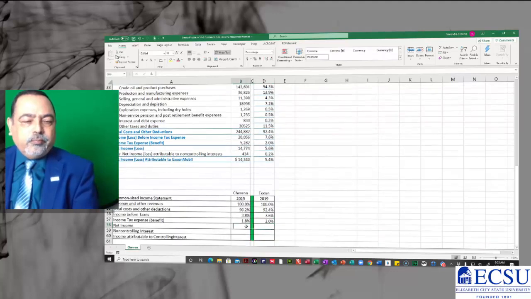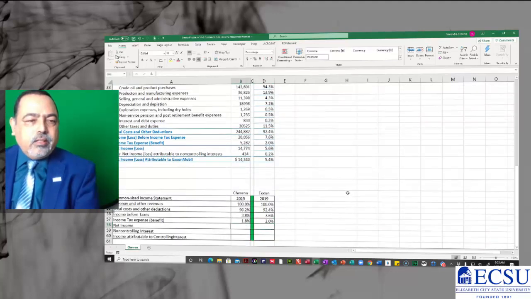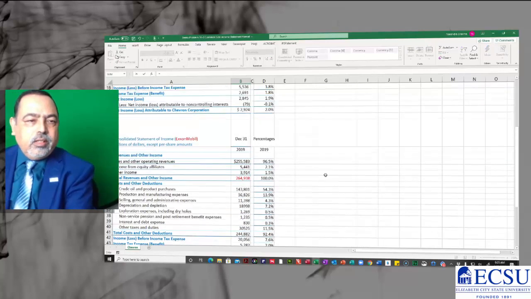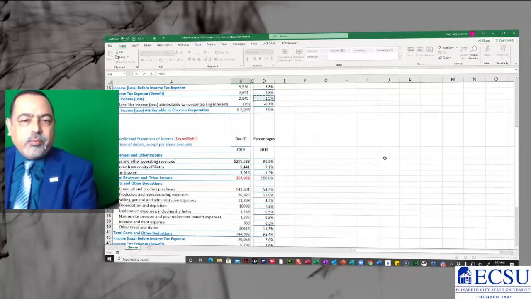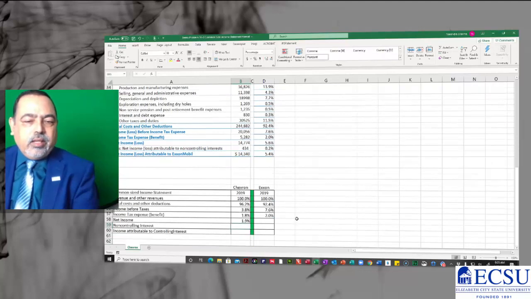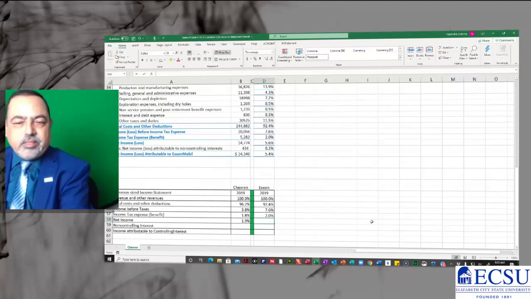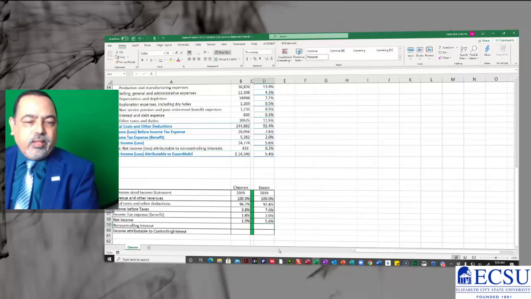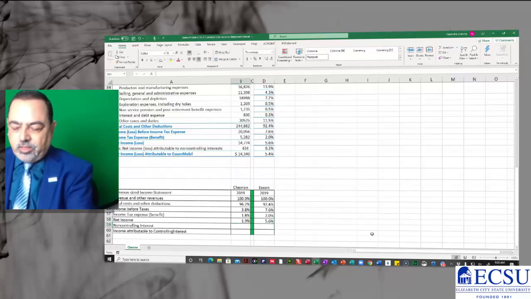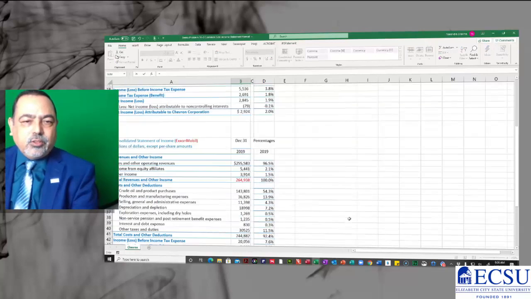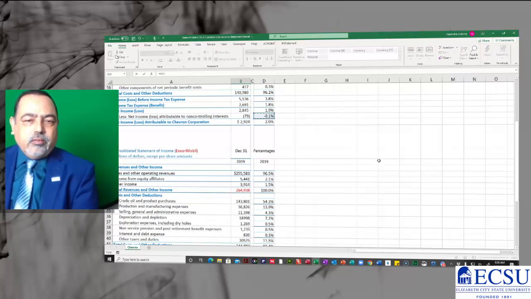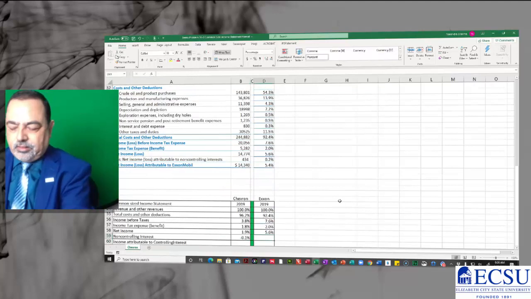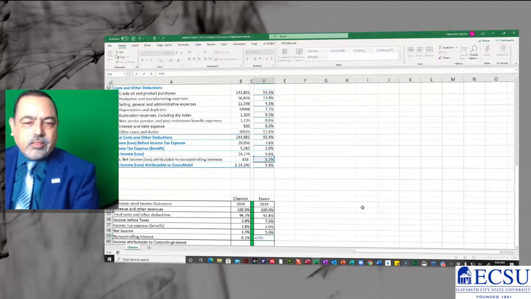So net income, of course, for Chevron is 1.9%, and for Exxon it is 5.6%. And then we have a non-controlling interest, so that is going to be 0.1% negative, and this is 0.2%.